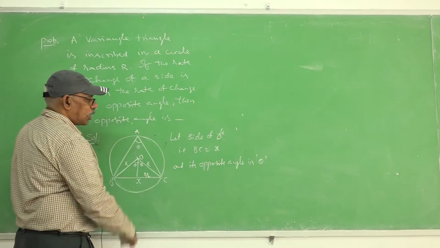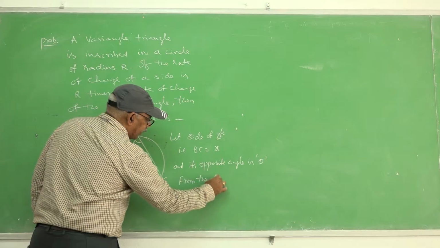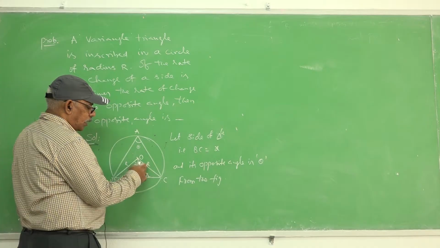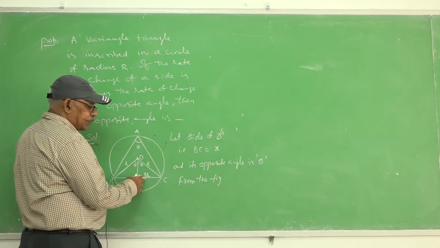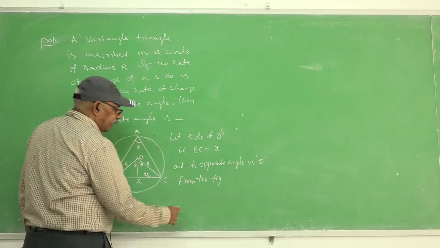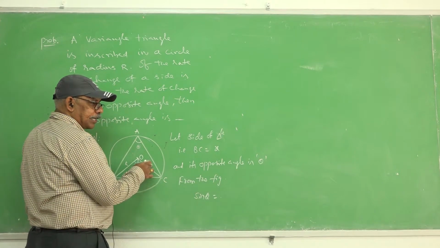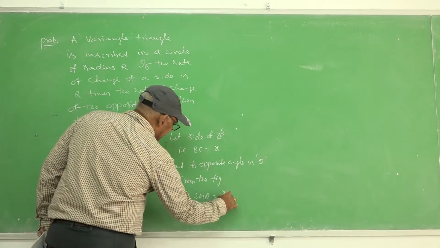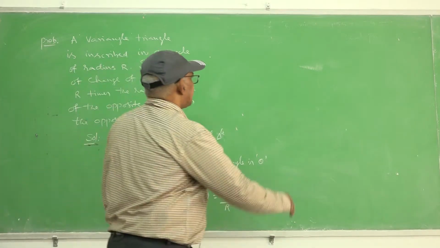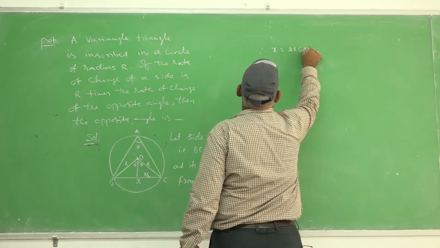Now from this smaller triangle, the relation between these three, capital R which is fixed, x which is variable, and theta which is also variable: taking sine theta, we get opposite side by hypotenuse, that is x by 2 by capital R. Therefore x is 2R sine theta.